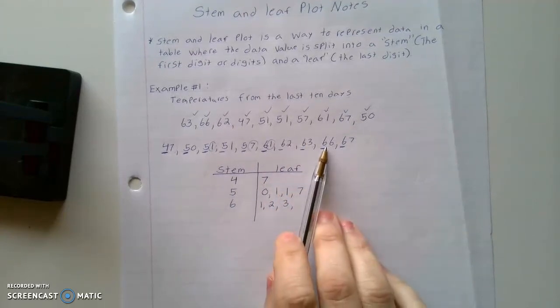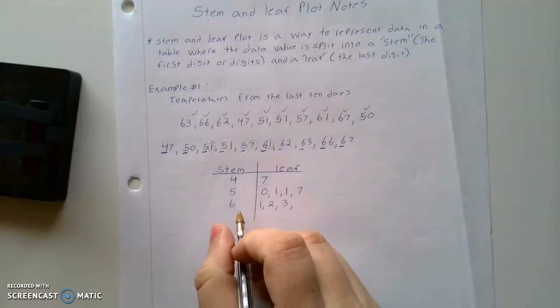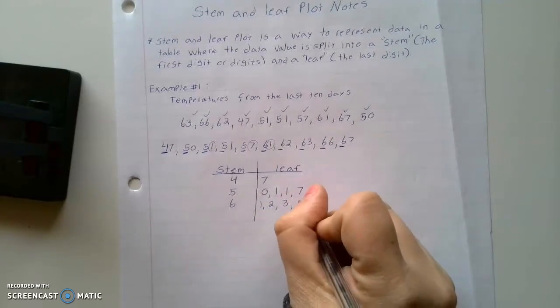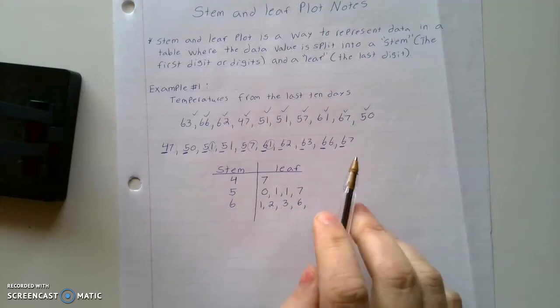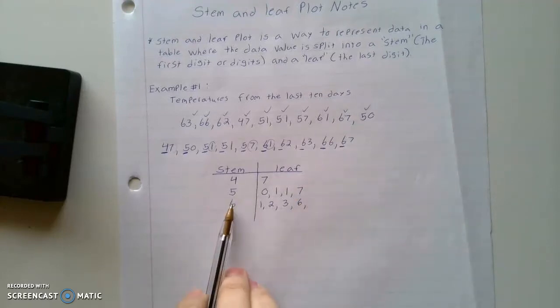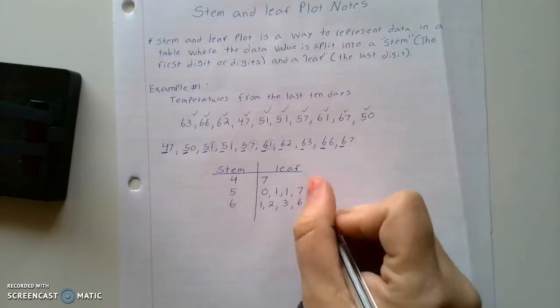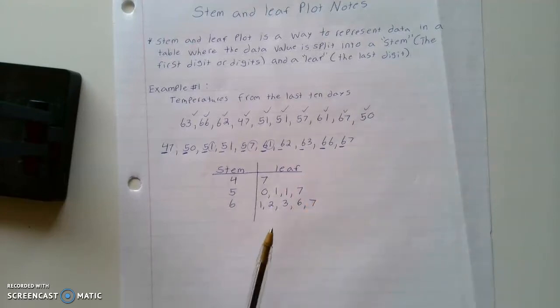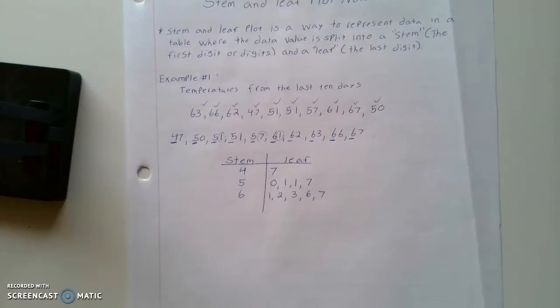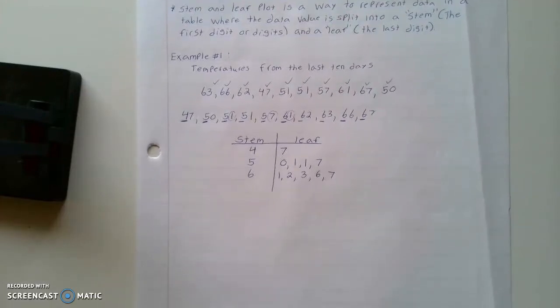I have 66, so my stem is a 6 and my leaf is a 6. And I have 67, so my stem is a 6 and this last digit right here is a 7. And again, we're writing these across. Our leaves go across, and we always write them from least to greatest. Okay? So, let's go ahead and look at another example.